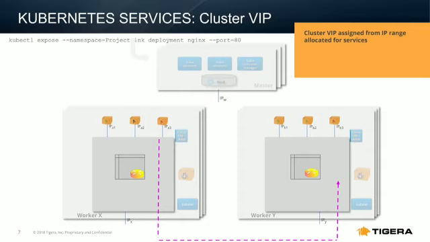So what's going to happen is, in this case, the pod that's IPA3 is in the Project Pink namespace, and it's going to try and connect to the service IP of the Nginx deployment. The NAT rule on worker X, which hosts IPA3, will see that traffic destined for that service IP, and it will rewrite the destination address to a pod that's offering that service, in this case, IPv3's pod.